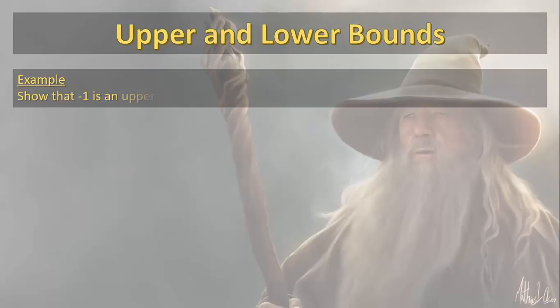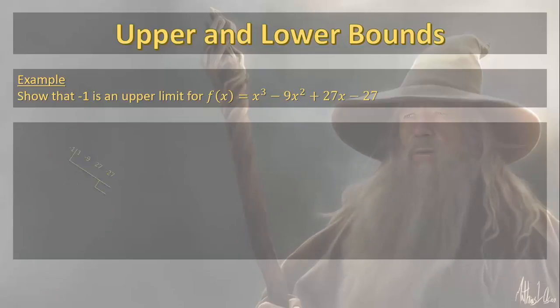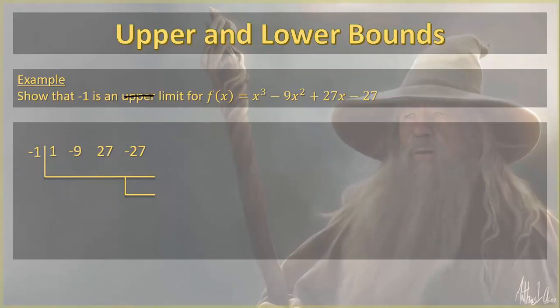And then let's prove that -1 is an upper limit for the same function. Sorry. My bad. Lower. You can't use negatives to find an upper limit, and you can't use positives to find a lower limit. It's very specific, so make sure you remember that.